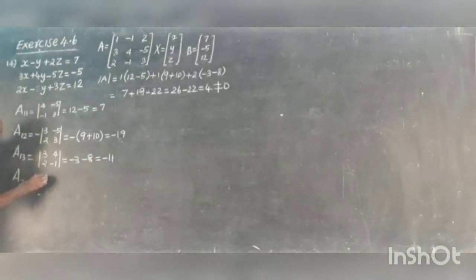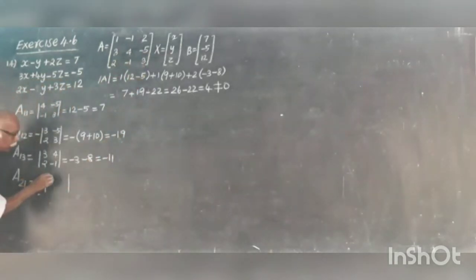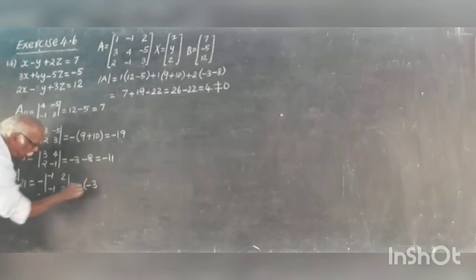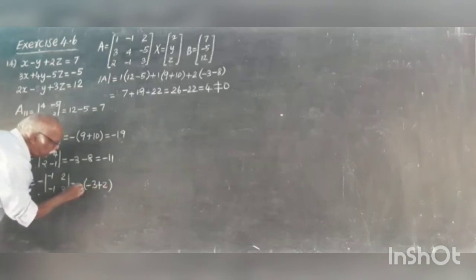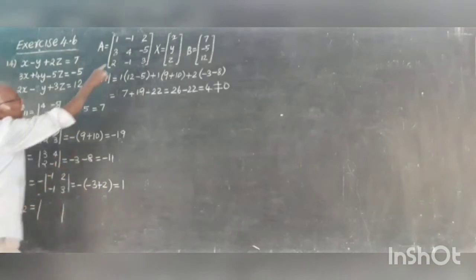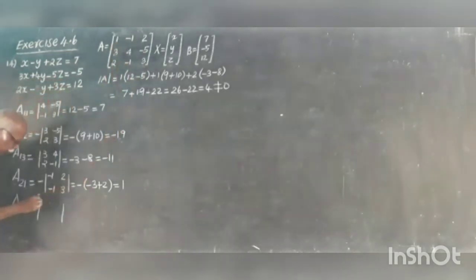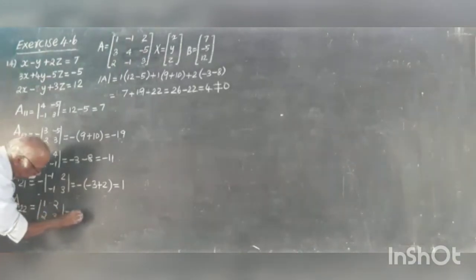A21: minus of minus 1 2, minus 1 3, is equal to minus of minus 3 minus 2, minus of minus 2 plus 2, minus 1 into minus plus 1. A22: 1 2, 2 3, 1 into 3, 3, 3 minus 4, minus 1.